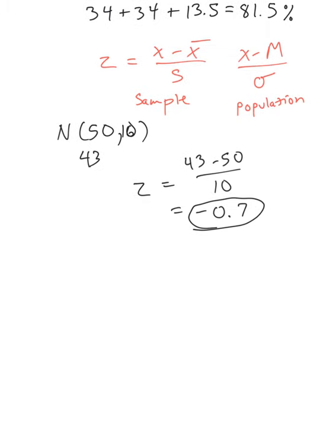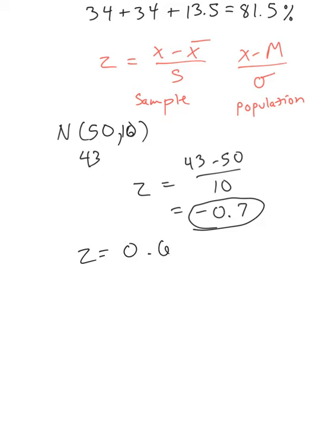But let's work it another way. Let's say we know the z-score, but we want to find what that score is. Let's say our z-score is 0.6.